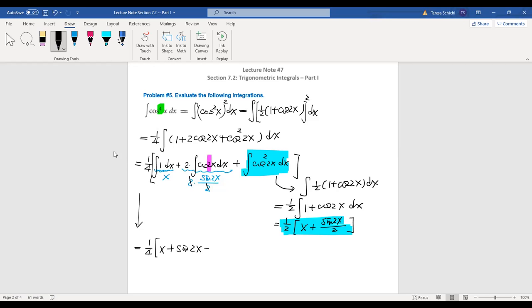Then this is plus 1/2 of the x. Okay, and so this is what? Plus 1/4, right? So this is we're going to have 1/4 cosine square, okay.